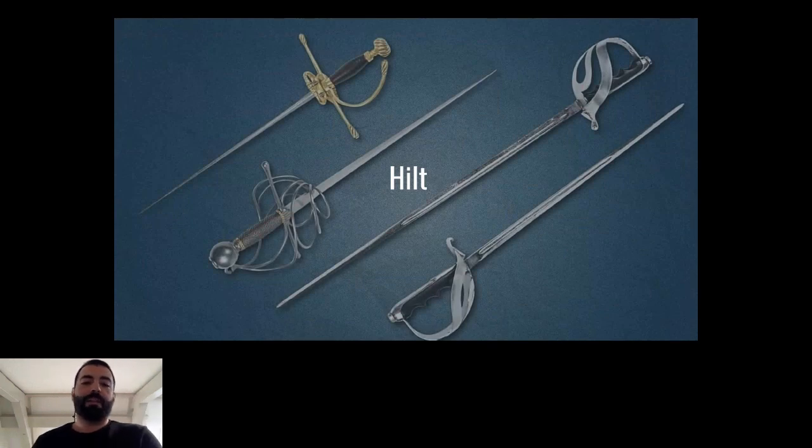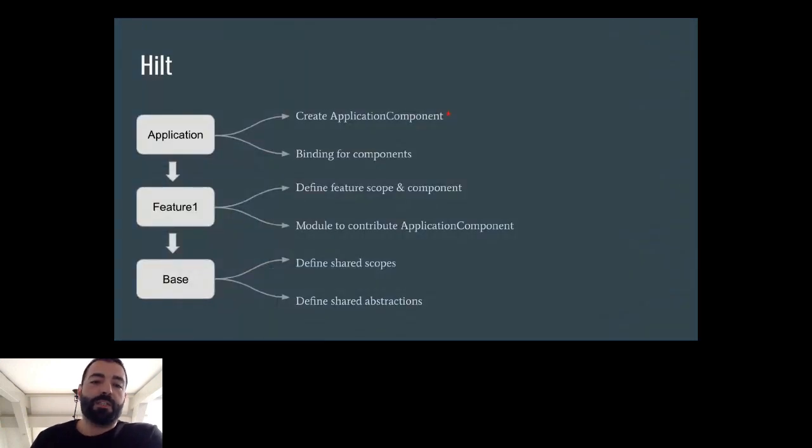So for Hilt, I'm going to follow a different path. I'm going to show what we have just done and try to remove the parts that are not needed for Hilt. So this was the structure we followed for Anvil. Now if we move to Hilt, we can remove from the base shared scopes. We don't need to define scopes because they are already defined in Hilt.